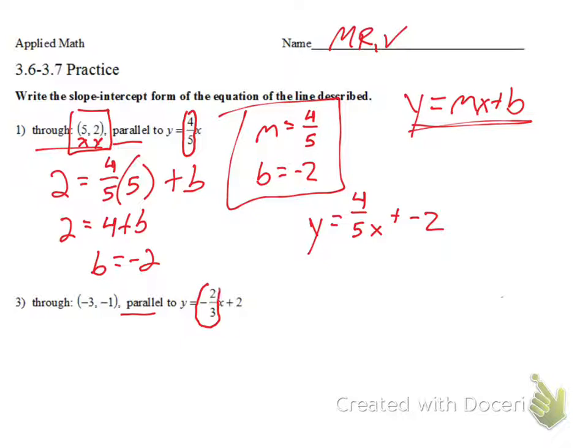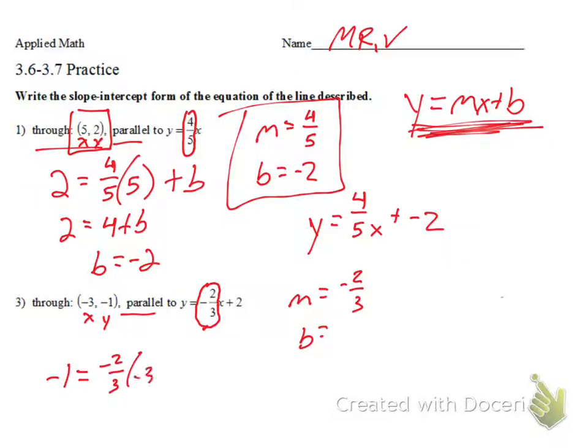Slope is negative 2/3, so my m is negative 2 over 3. And then I'm looking for my b, so I'm going to take this slope with this x and this y and plug it into y equals mx plus b. Get negative 1 is equal to my m, which is negative 2/3, times my x, which is negative 3, plus b.